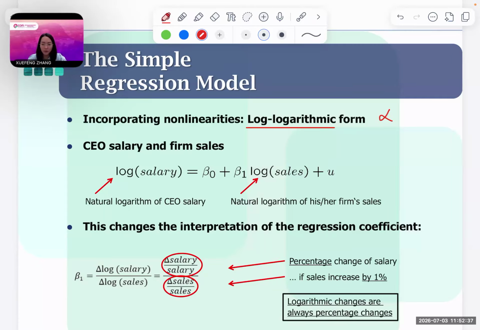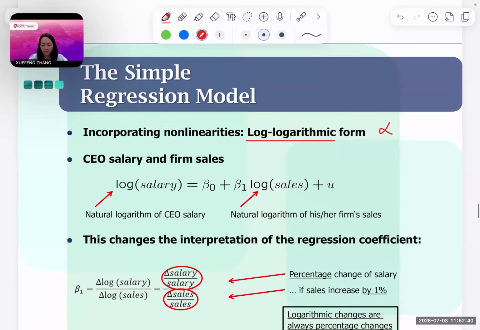We use this form all the time, okay, because as you may know, the log function is concave, okay? The log function looks like this. It's concave, which means non-negative, okay? So suppose your data have some negative values.